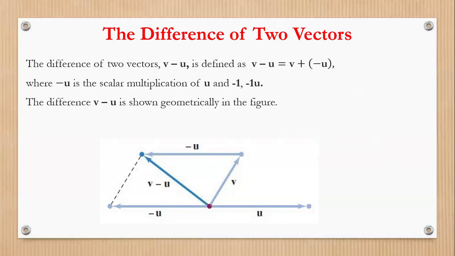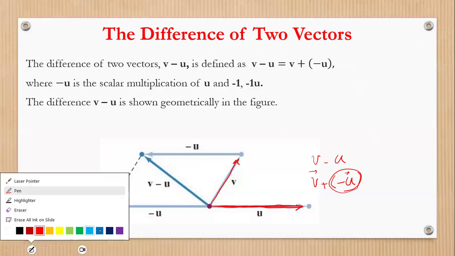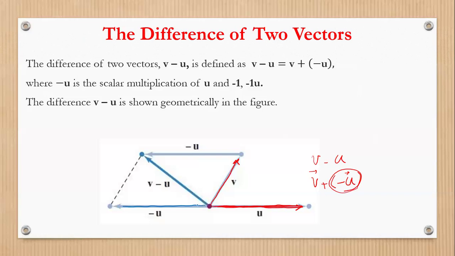For example, if I have vector v and vector u like this, and I want to find v minus u, that means v plus negative u. That means vector u must be multiplied by negative, which means the direction must change. So for vector u, I will keep the same length of the vector, but in the negative direction, which gives me this one. Now this one is negative u.